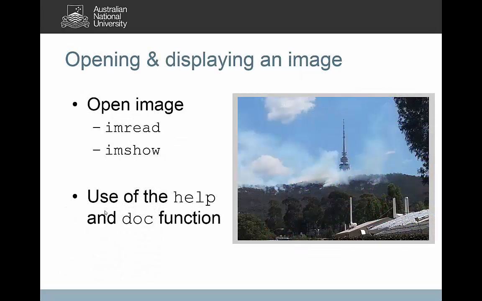We're going to open this image, which is of controlled burning on Black Mountain, and we're going to use these commands. Matlab has quite a large number of commands, in fact, where you basically tell it to do something, given certain inputs that come after the command, and it will understand what you're trying to do and do that for you. If you want to know how to use a command, you can use the help or the doc function.